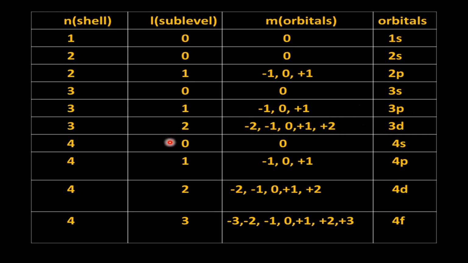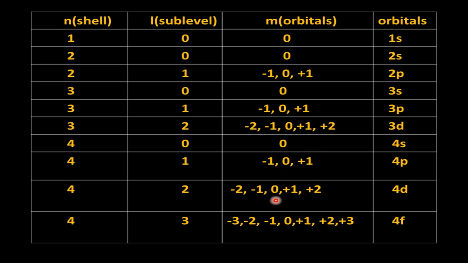For the fourth energy level, we have 4 sublevels or subshells: s, p, d, f. The azimuthal values are 0, 1, 2, and 3. The 4s has only one orbital. The p has 3 orbitals, that is why we have -1, 0 to +1.